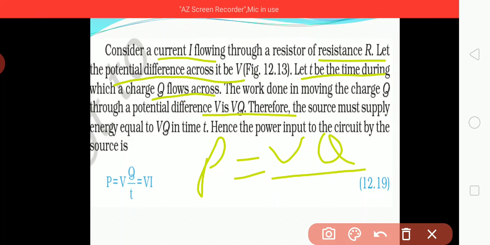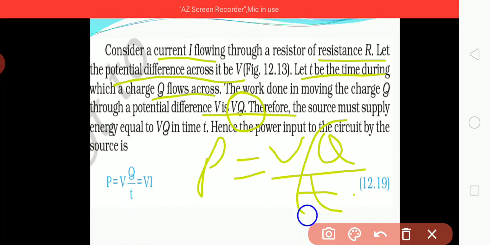Once again, the work done is VQ, which is the product of electric charge and potential difference V. Power is work done upon time taken, and here our work done is VQ, so P = VQ upon t.